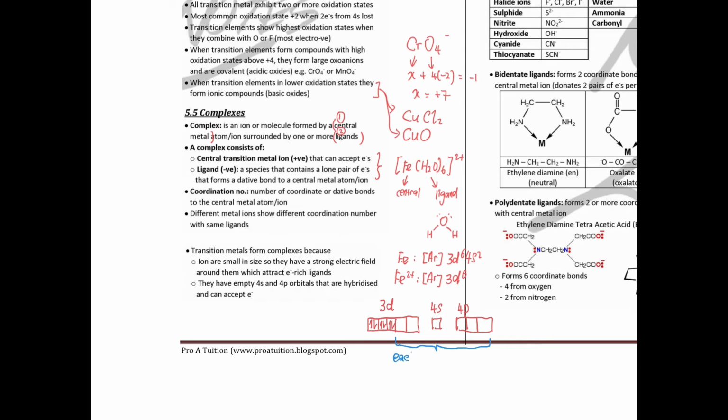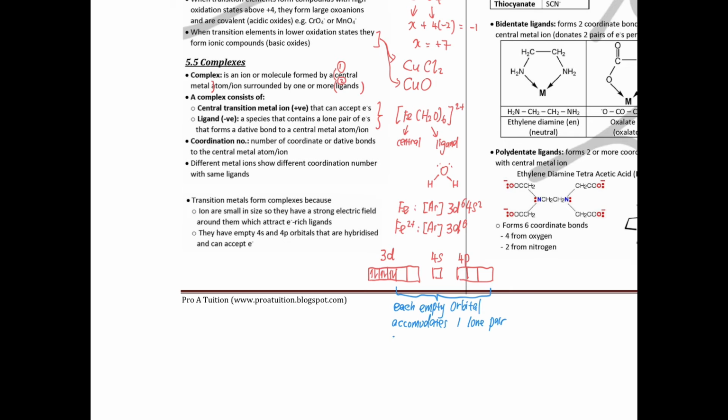So each empty orbital accommodates 1 lone pair from H2O. So imagine H2O has 2 lone pairs, as you can see in the drawing here. It uses one of the lone pairs and forms a dative bond in this empty orbital.